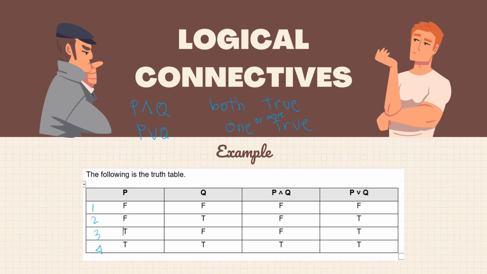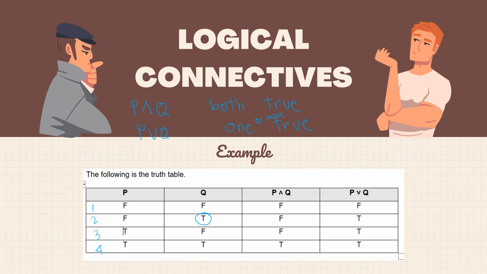Okay, so the next one we have the proposition P is false, proposition Q is true. P and Q will be false. P or Q is true because there's one true here. Third pair: the first proposition is true, the second one is false. P and Q is still false because it should be both true.